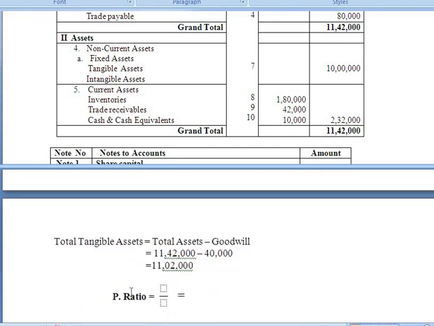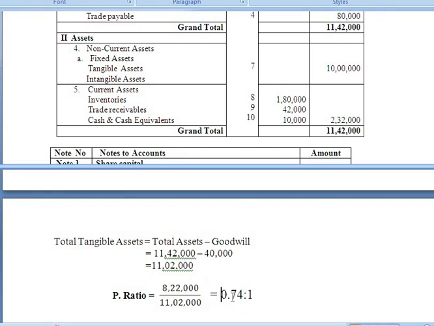Next line write, therefore proprietary ratio is equal to shareholders funds rupees 8,22,000 divided by total tangible assets rupees 11,02,000. 8,22,000 divided by 11,02,000 is equal to 0.74:1. 0.74:1 is what?